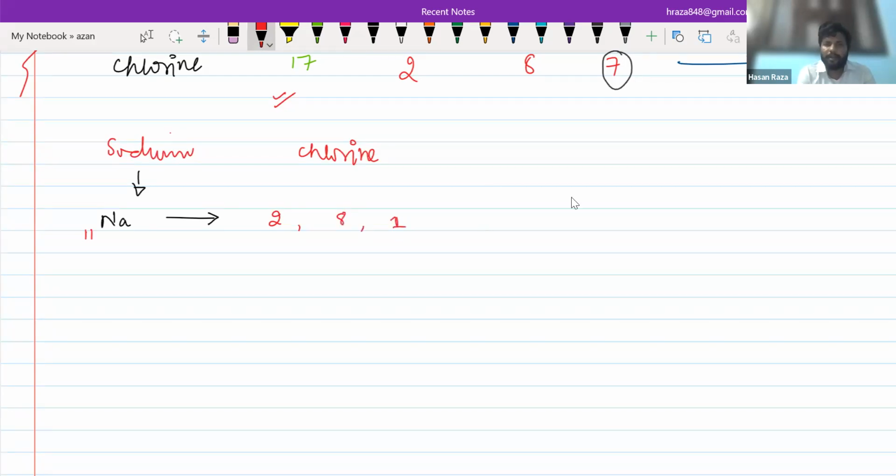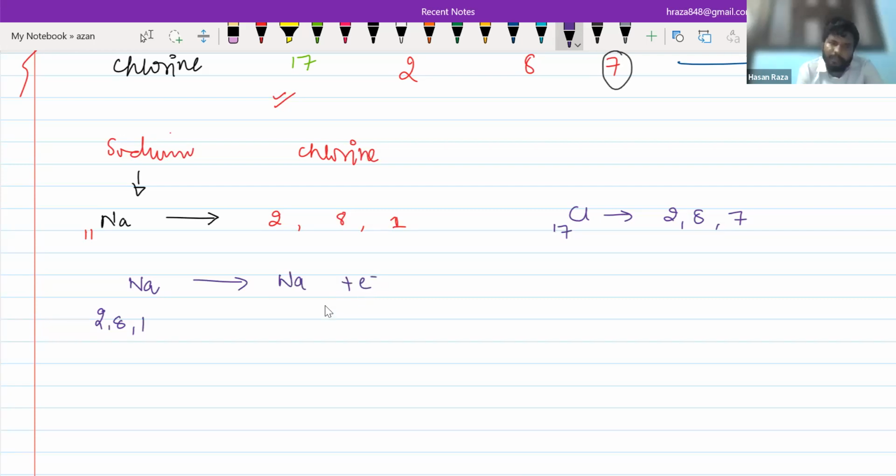And chlorine has the symbol Cl, and it will have the configuration 2, 8, 7. So what will happen here? Sodium has the configuration 2, 8, 1. It will easily lose an electron. If an element loses 1 electron, it will have one positive charge. If an element loses 2 electrons, it will have a +2 charge, and so on. Are you getting my point?